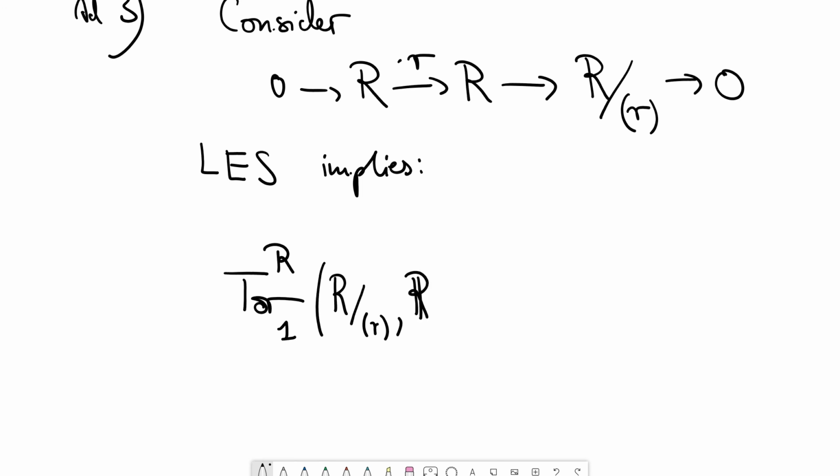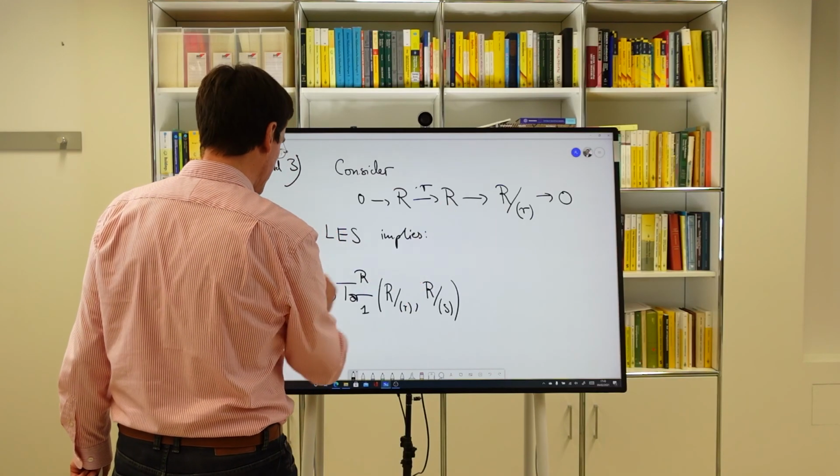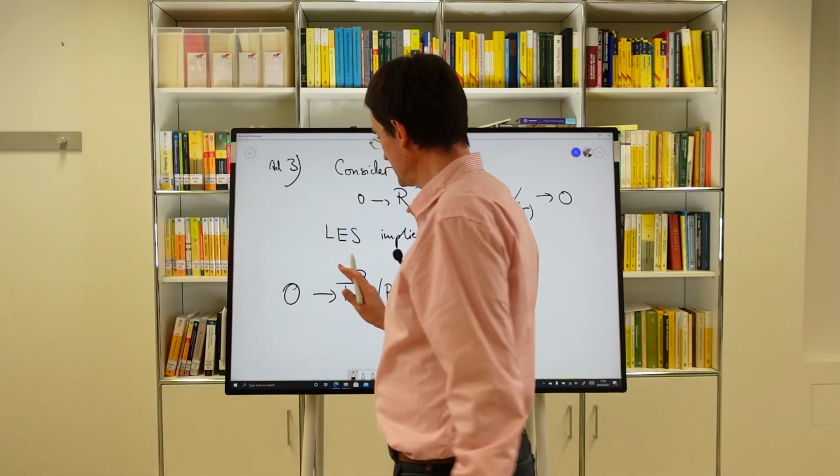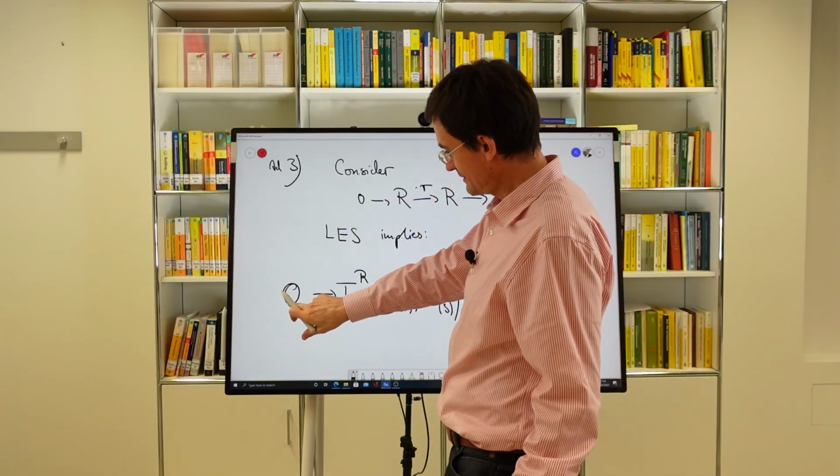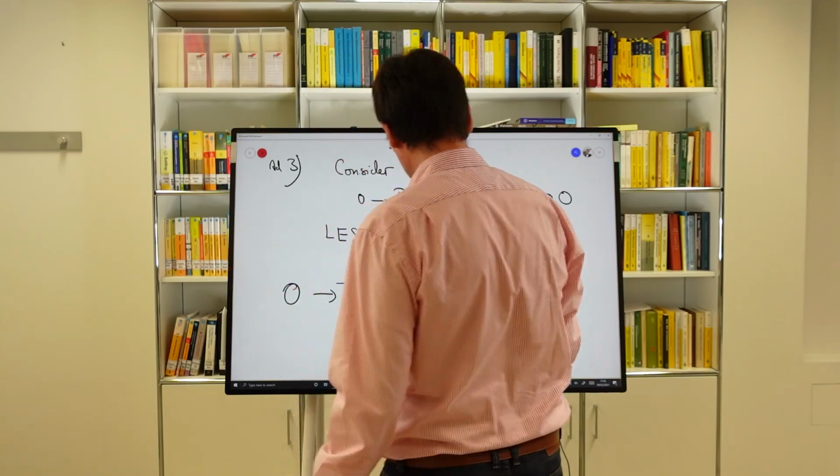Let's take the other pen. So here there would be the other Tor 1 term, but they would involve a free module of rank 1, so they're all 0. So the long exact sequence here to the left actually just consists of zeros.